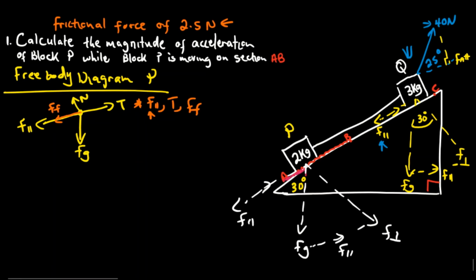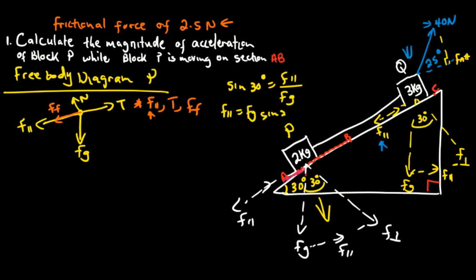And remember that if this is 30 degrees, then also here it's going to be 30 degrees, right? So if we look facing this direction, then we are facing F parallel. So it's opposite. So it's going to be sine of 30 degrees is equal to F parallel divided by F of G, right? So F parallel is equal to F of G sine of 30 degrees, right? So we have found the value of F parallel.